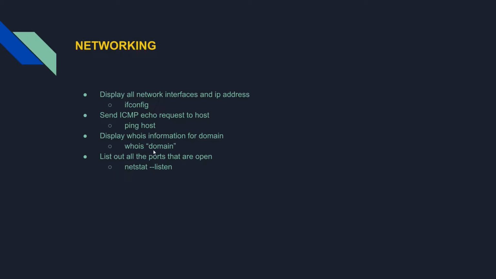And then whois information will display who owns the domain or the name that's registered to the domain, and to list out all the ports that are open. So this will list out all the ports that are listening on your host, but if you SSH or FTP in, you can do that and it will list that out for you too.